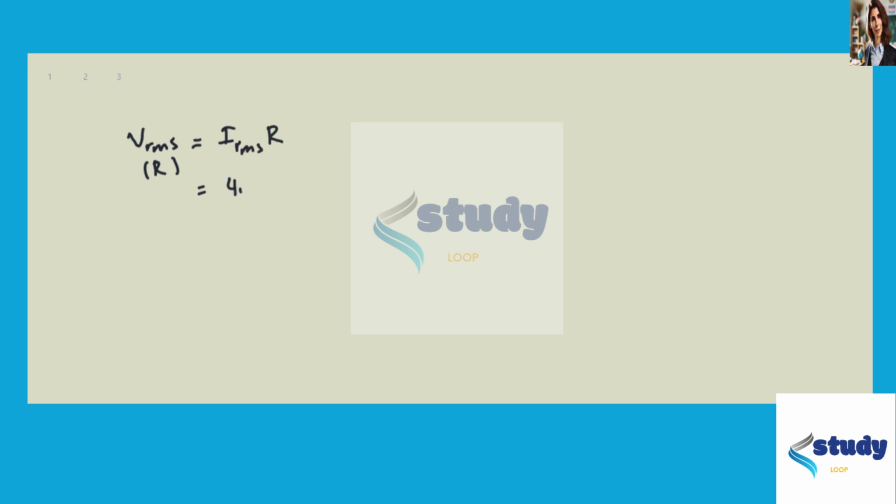So it's going to be equal to 4.28 times 10 to the power of negative 2 amps times 2.8 times 10 to the power of 3 ohms. So what we have is 119.84 volts. Since there is a phase difference between the two, you know that the RMS potentials are not corresponding to the same value.